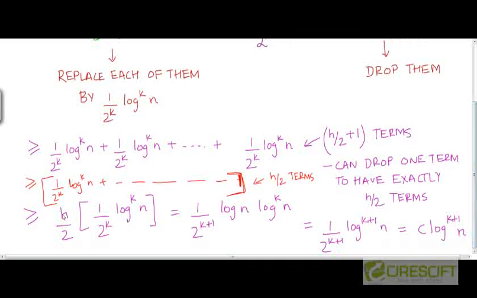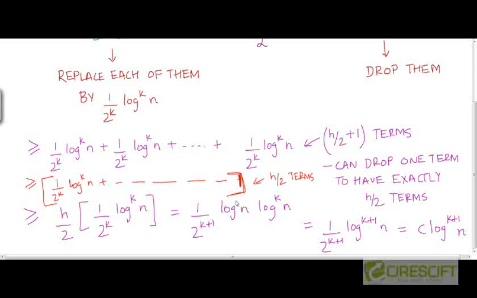So we multiply h by 2 with the value of the repeating term, which is 1 by 2 to the power k times log to the power k of n. So this 2 combines with 2 to the power k and we get 1 by 2 to the power k plus 1. And we replace h with log n, because h is log n. The height of the recursion tree is log n.